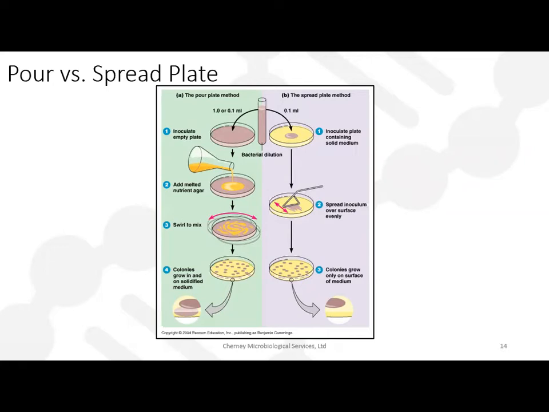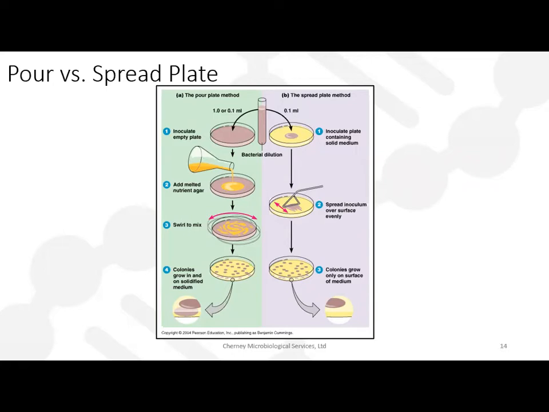And what that is going to do is mix your agar with the amount of sample that you pipetted. You're going to want to swirl it clockwise, counterclockwise, a little bit of forward and backward, as well as left and right motion, just to make sure that that is evenly distributed throughout that agar plate. And with this method, you're going to have colonies that are growing in and on top of the solidified medium.